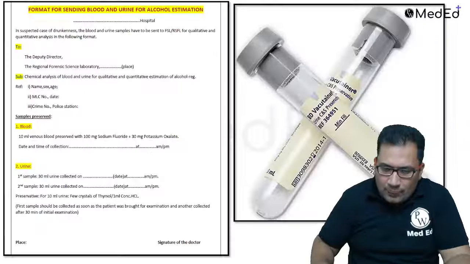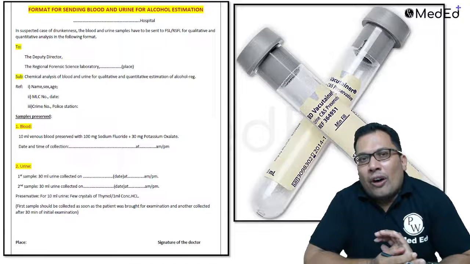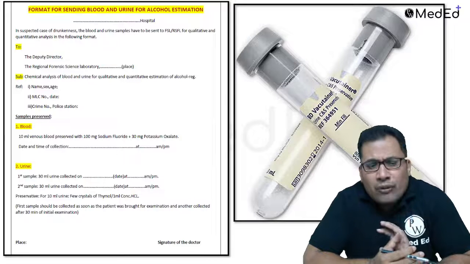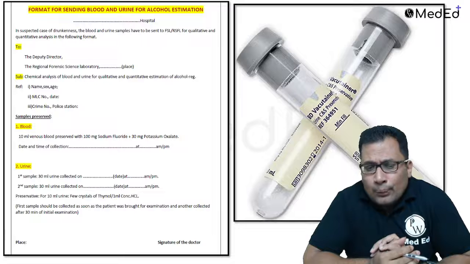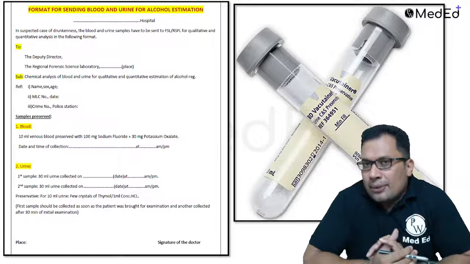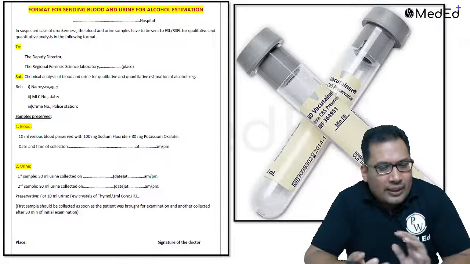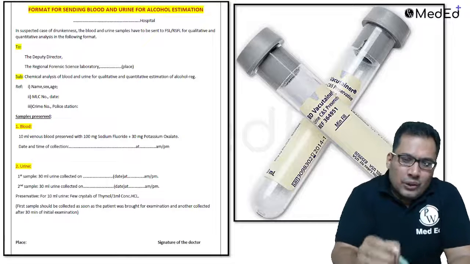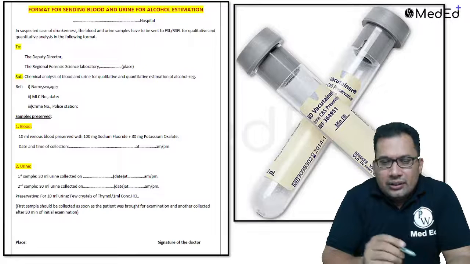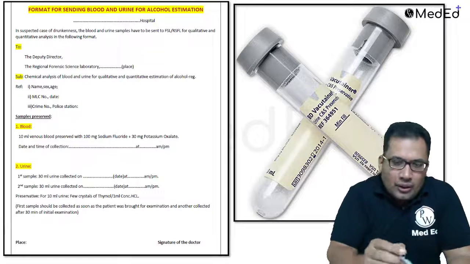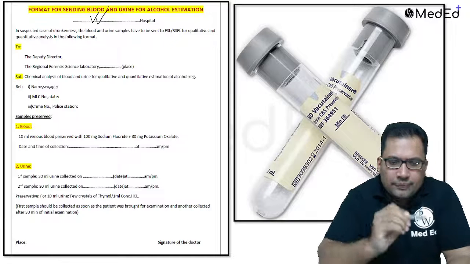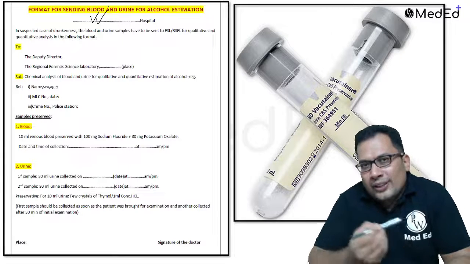Now comes the format. What is the format for sending blood and urine for alcohol estimation? The format is like this. The hospital name you can mention. To whom should you send?